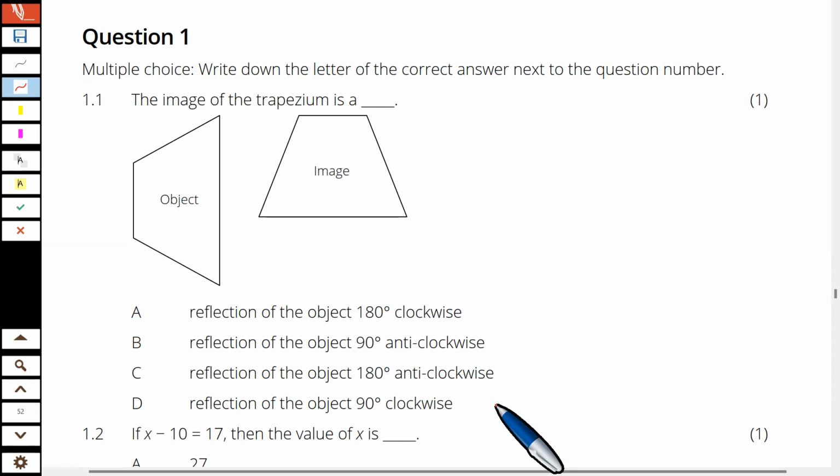If you're speaking of reflections, what does a reflection mean in essence? A reflection obviously is different from what? It's different from a rotation. So is it clockwise or is it anti-clockwise? Clockwise? Okay, so you're thinking it is clockwise.